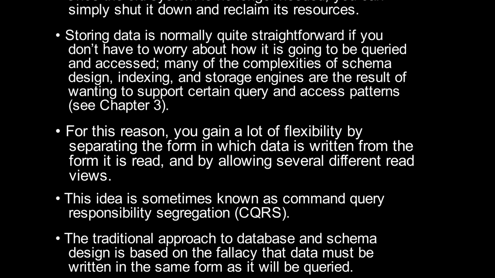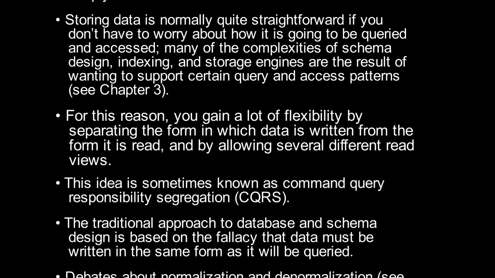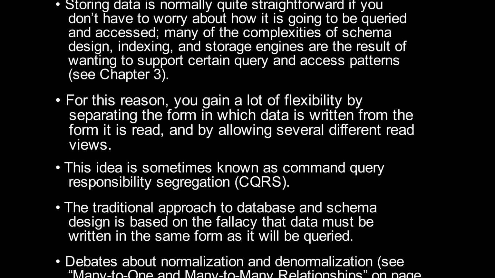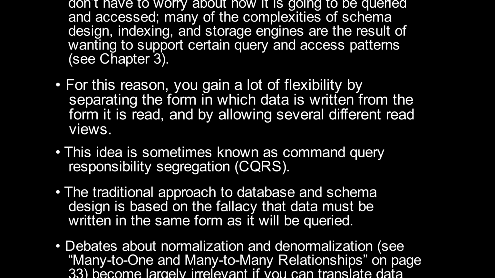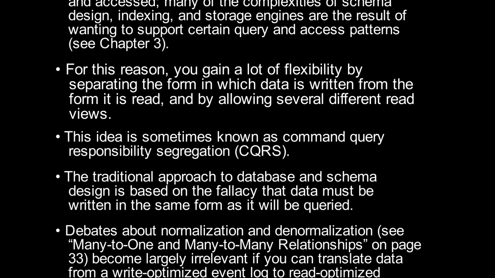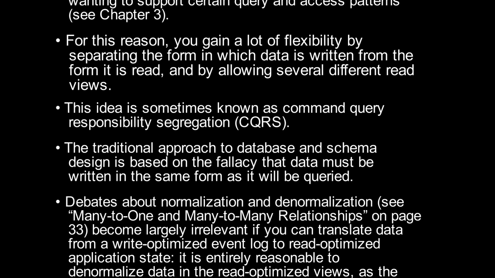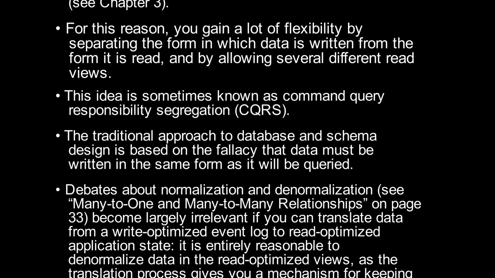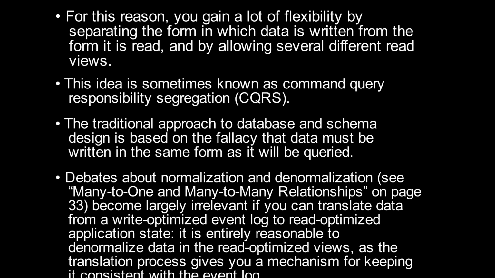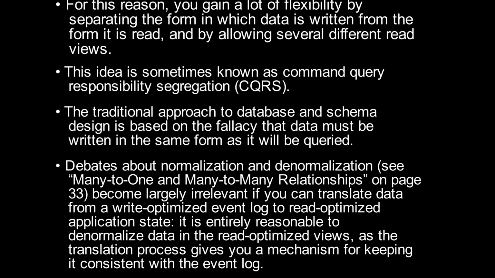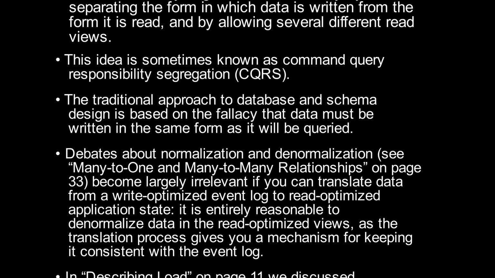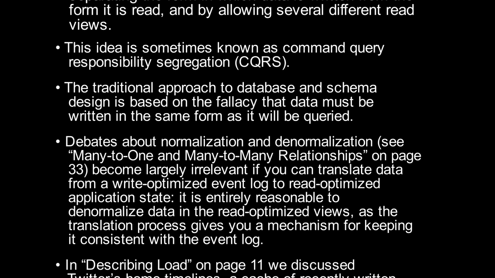This idea is sometimes known as command query responsibility segregation, CQRS. The traditional approach to database and schema design is based on the fallacy that data must be written in the same form as it will be queried. Debates about normalization and denormalization (see "Many-to-One and Many-to-Many Relationships" on page 33) become largely irrelevant if you can translate data from a write-optimized event log to read-optimized application state.